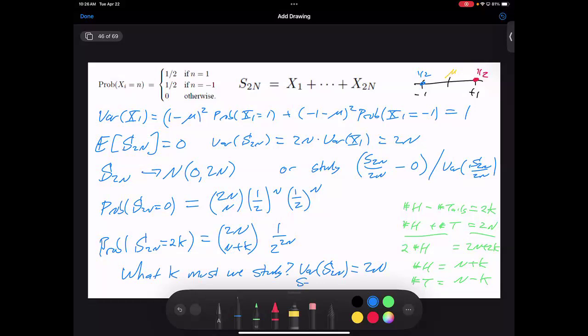So the standard deviation of S2n is the square root of 2n. So I need to know, how big of a k do you think we should look at? If k is 10, do you think that's a small enough value of k that we need to worry about it? Do you expect there to be sizable probability when we have k equals 10?